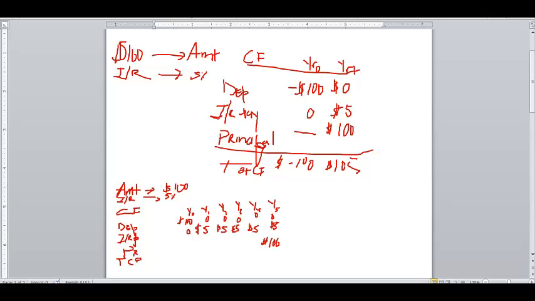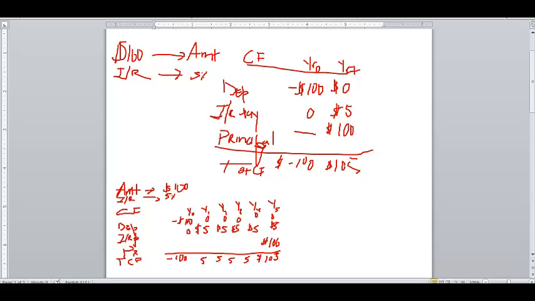Okay, we can say that your total cash flows, this is negative, of course, it's negative 100. 0 plus 5, this is $5, this is $5, this is $5, this is $5, this is $105. I know it resembles a 3, correct? It's 5.